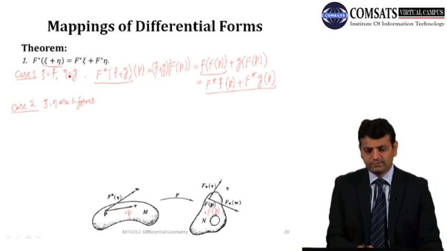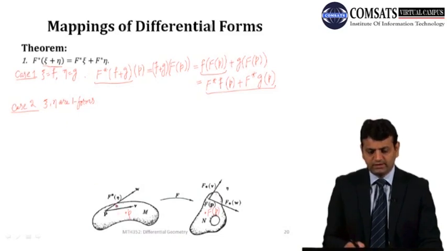So if these are one forms and these are pullbacks, so basically we can calculate their image on some vector v on M. So let v be a vector on M, then F upper star of xi plus eta at vector v is equal to, by definition, xi plus eta of F lower star of v.